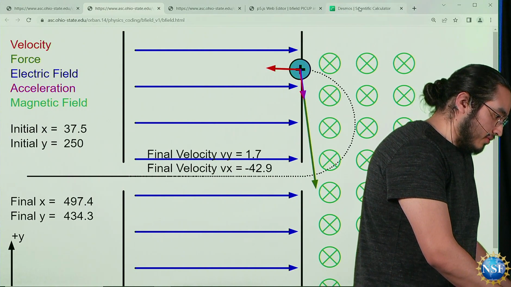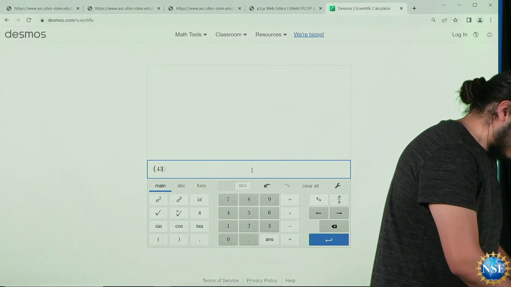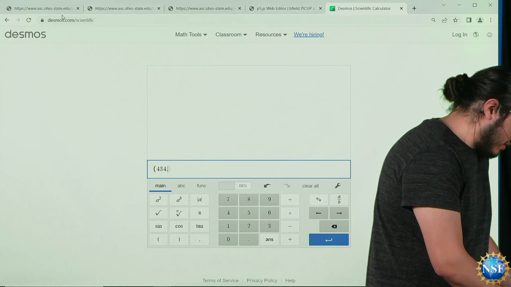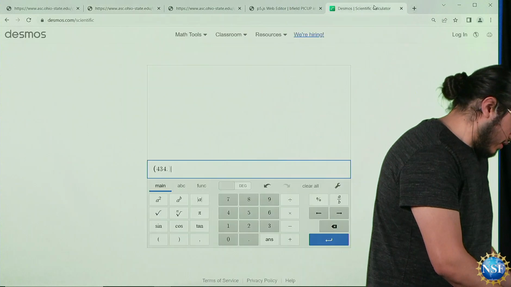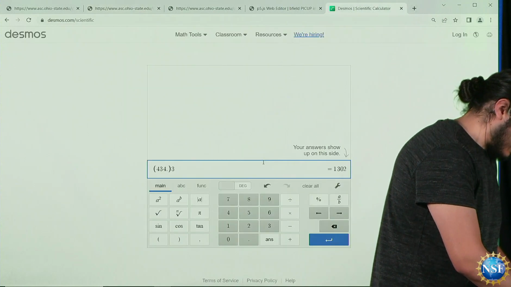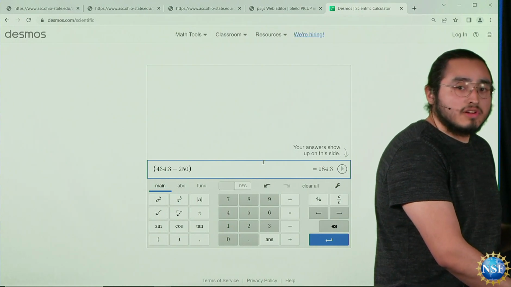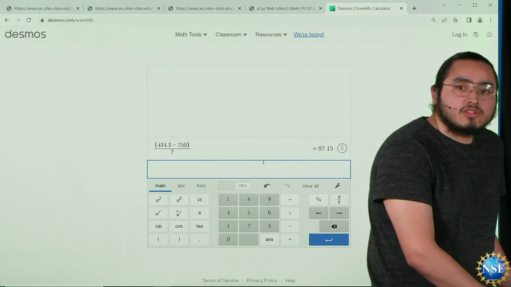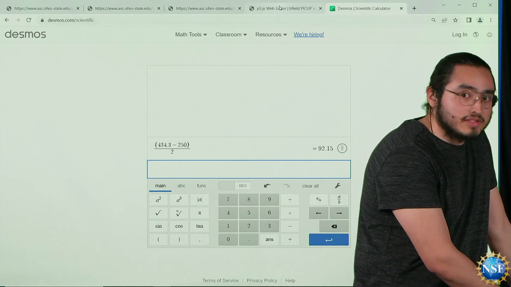So let me whip out my handy Desmos. We have 434.3 minus 250, and that's the diameter of our circle. And gotta make sure you want the radius, and we get 92.15 as our gyro radius.